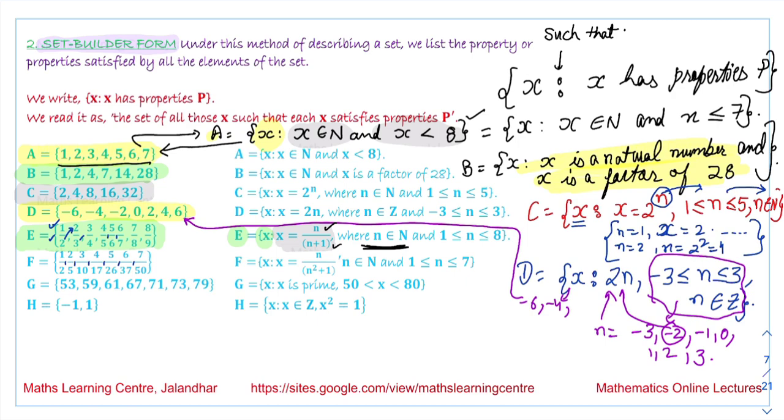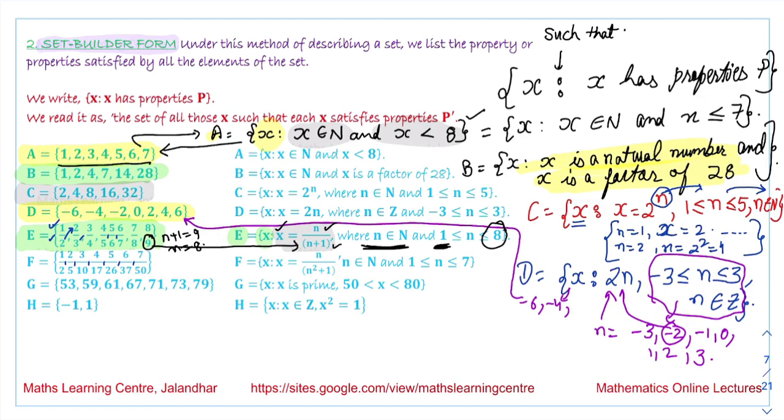And the first value of x we have is 1 by 2. So n is starting from 1 and going up to the last denominator over here. We have n plus 1 is equal to 9, so n should be equal to 8. So we are saying n is varying up to 8. So we get x is equal to n by n plus 1, where n is a natural number and n varies from 1 to 8.